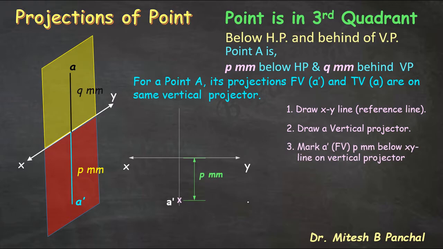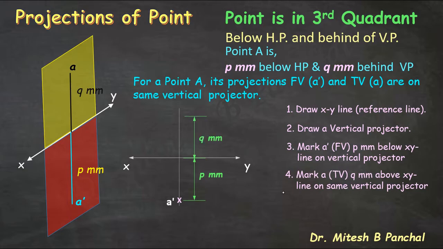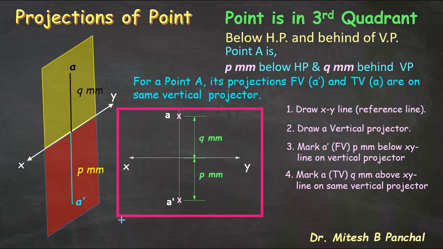So A dash is P mm below XY line, and the top view, that is a, is Q mm above XY line. So the ultimate answer of this particular problem, when point A is in the third quadrant, is this rectangle. So this one is the final answer when point A is P mm below HP and Q mm behind VP.